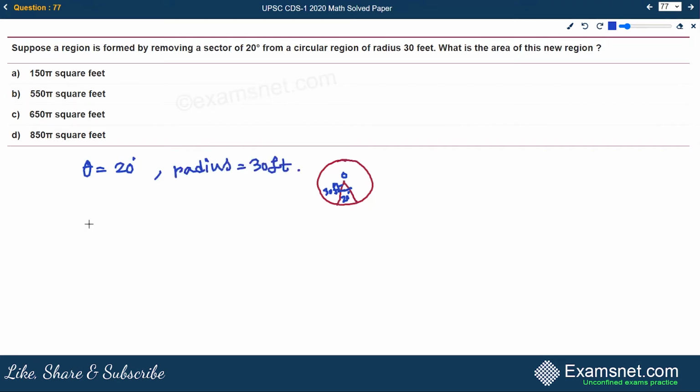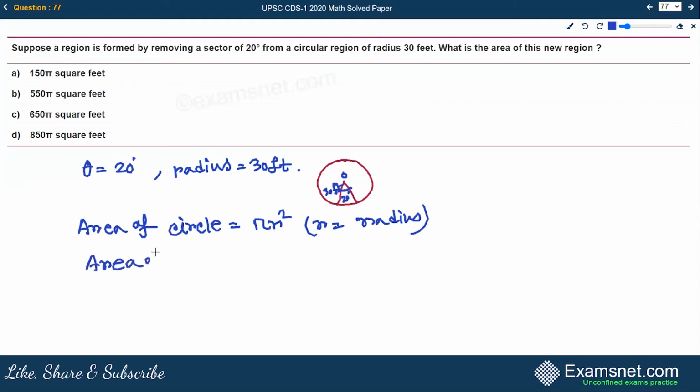Now we will use two formulas here. Those two are the area of a circle, which is pi r square, where r is the radius, and the area of a sector with angle theta, that is theta by 360 degree multiplied by pi r square.